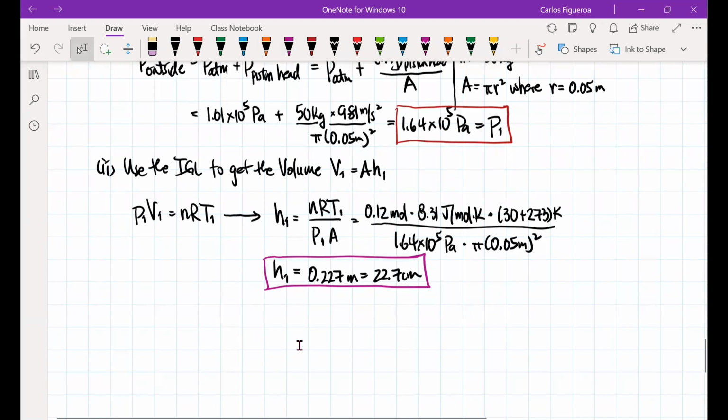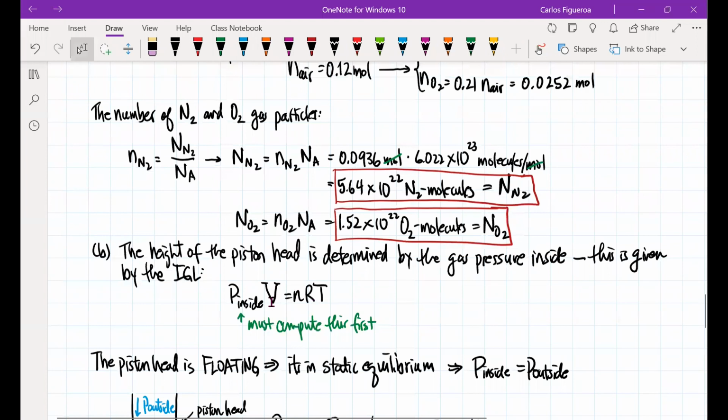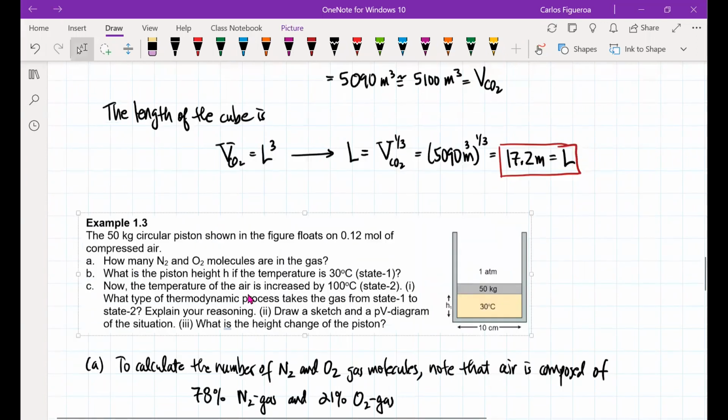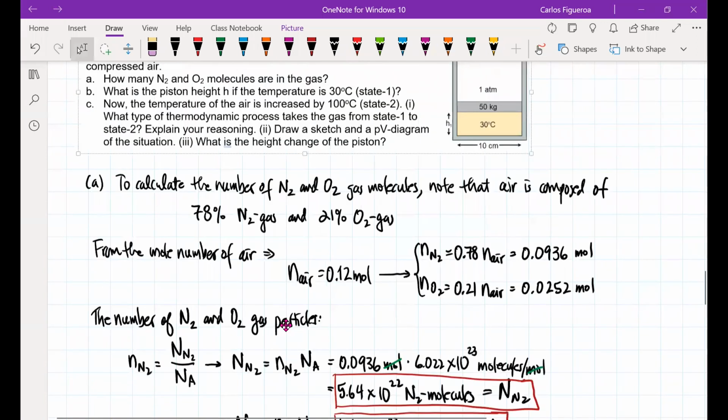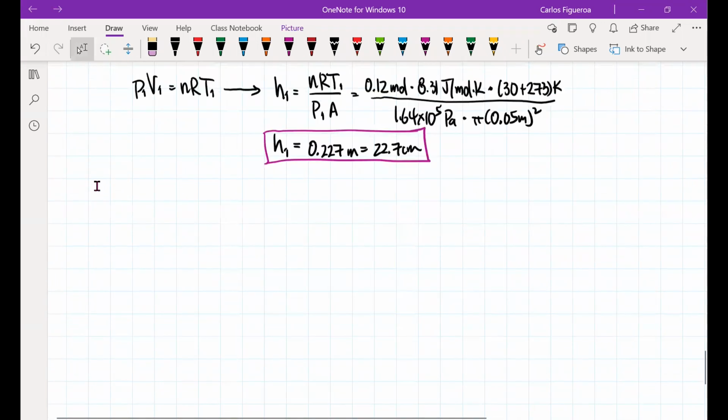So now what we want to do is get this whole thing, so we don't have to keep coming back and forth. Now let's look at the last piece of the question.